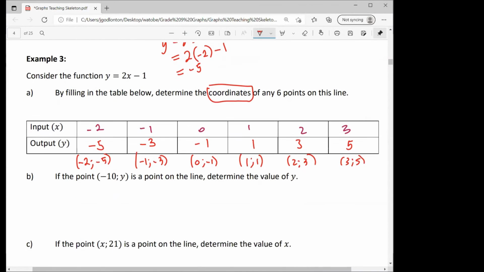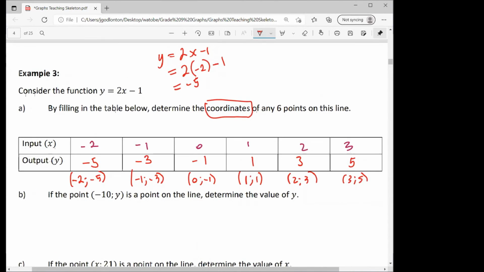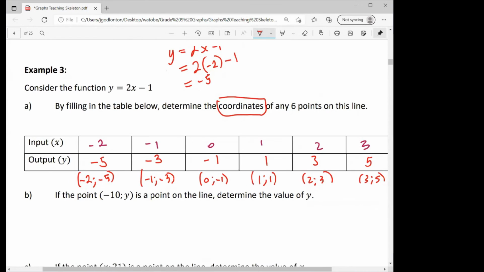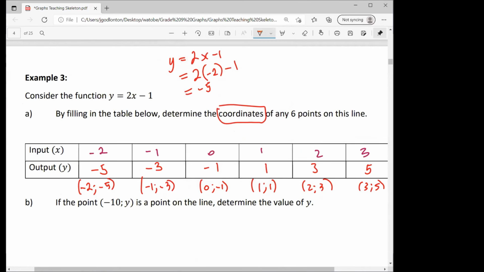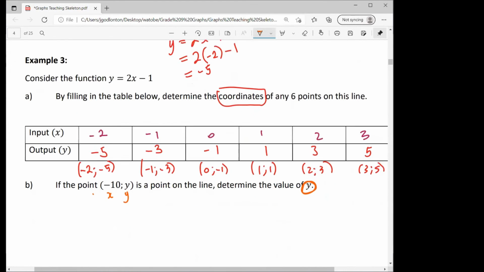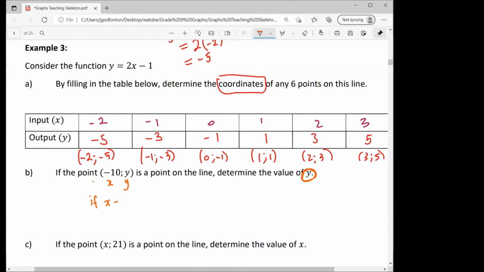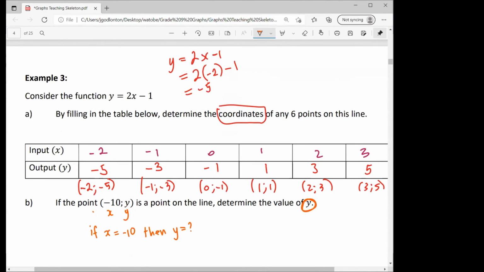Okay. Now let's have a look at B. If the point -10 and y is a point on a line, determine the value of y. So now remember that whenever we're given coordinates, that is our x value and that is our y value. And it's saying, if x equals -10, then what does y equal? And we've been doing that the whole time.